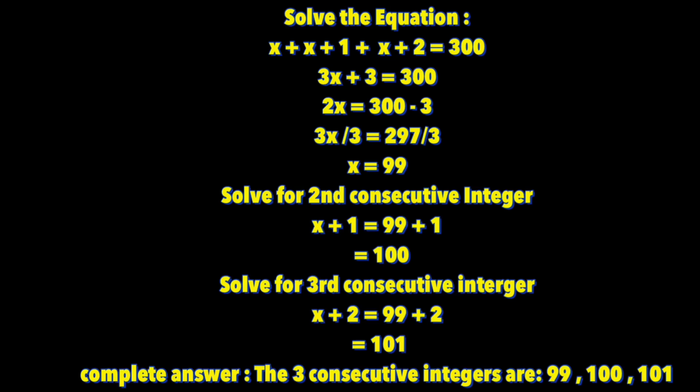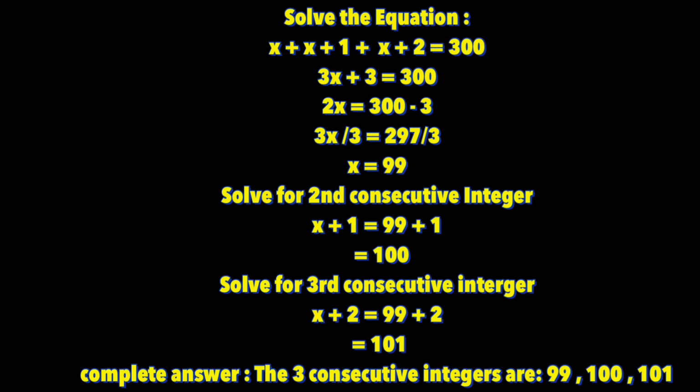Then we're going to transpose positive 3 to the right side of the equation, becomes negative 3. Then we're going to simplify. 300 minus 3 equals 297. Just copy 3x. And since we're solving for x, we're going to divide both sides of the equation by 3. So 3x divided by 3 equals x, and 297 divided by 3 equals 99.